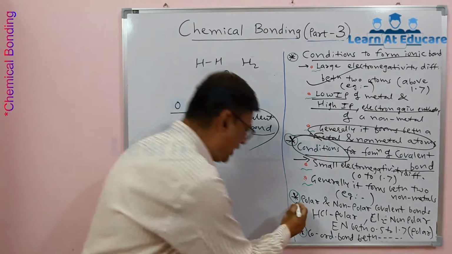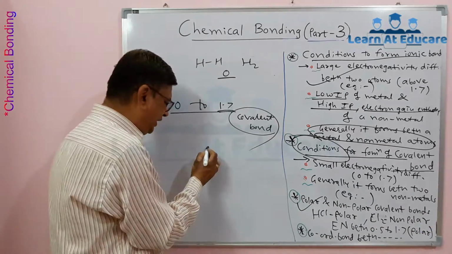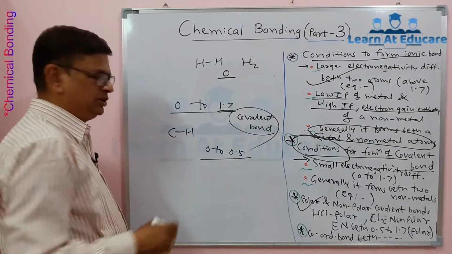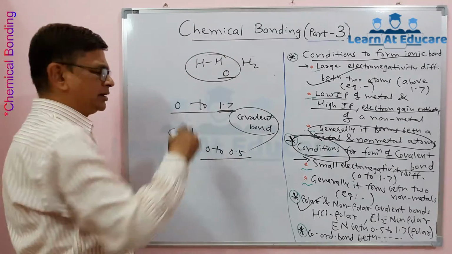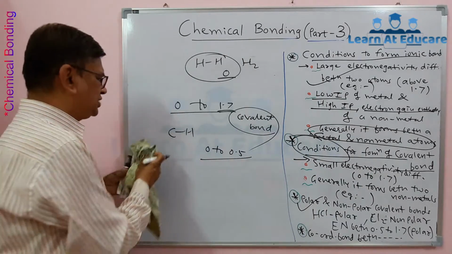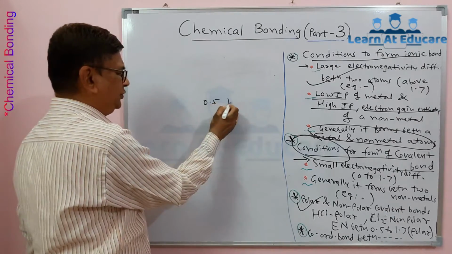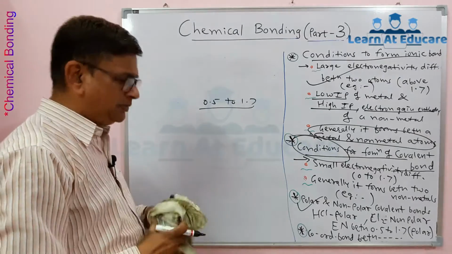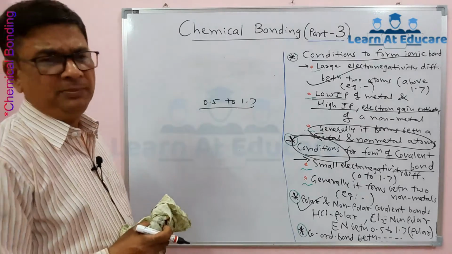Then there are polar and non-polar covalent bonds. If the electronegativity difference is 0 or 0 to 0.5, for example C-H, it is very low polar, in fact non-polar. This H-H is also a non-polar covalent bond. A polar covalent bond is one in which two atoms have an electronegativity difference between 0.5 and 1.7.